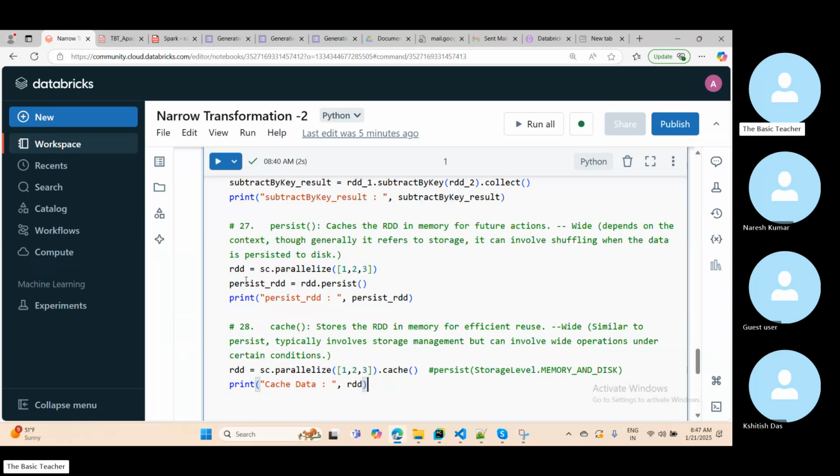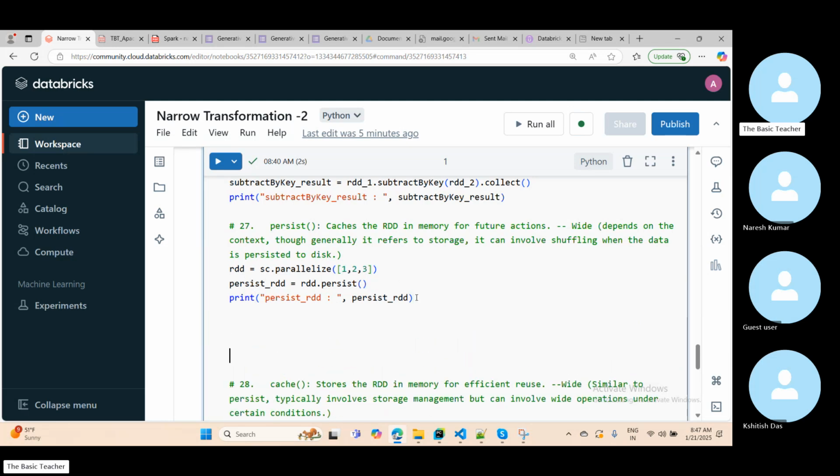Okay, so when we go with persist, we have some different memory levels.